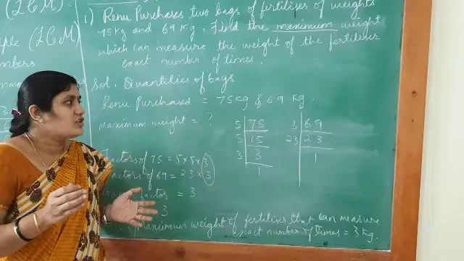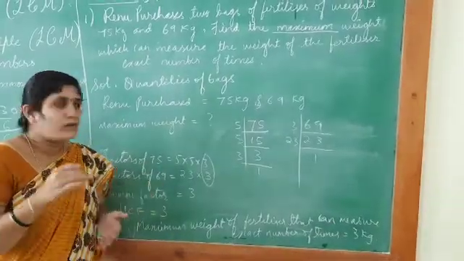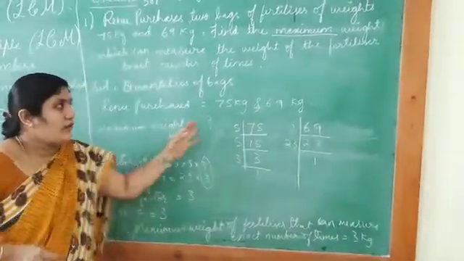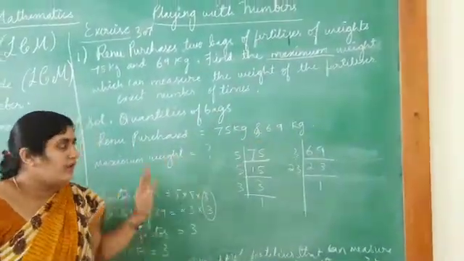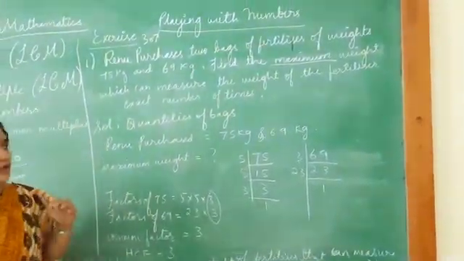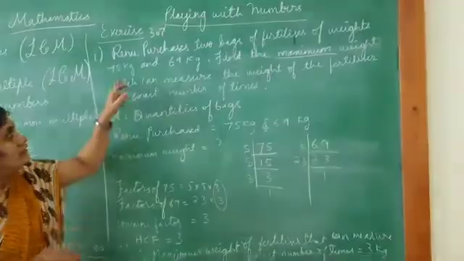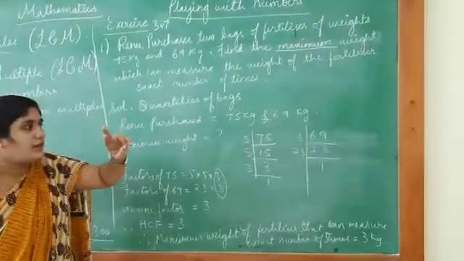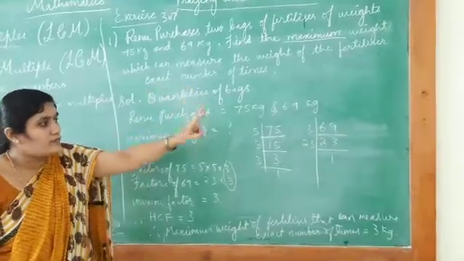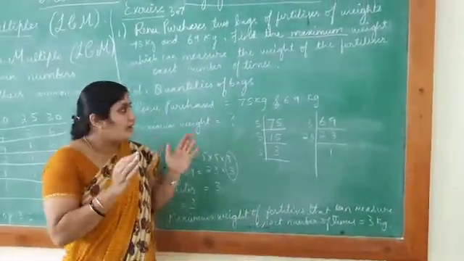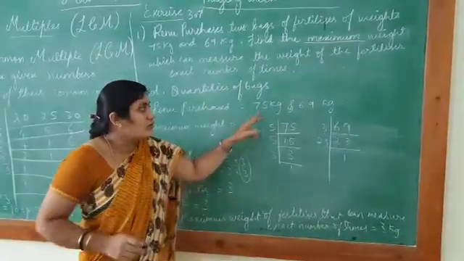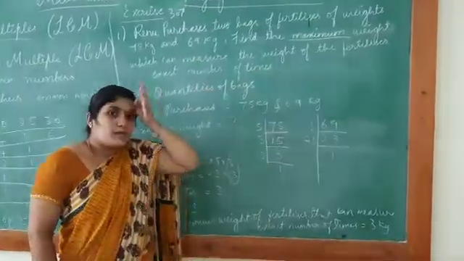You take any measurement, any box or any vessel through which you can divide these 75 and 69 equally. That means any measure you take and fill the 2 bags equally, those exact number of times, should be one measurement which should be used to divide these 2 numbers exactly.